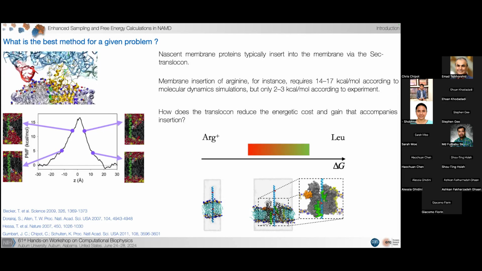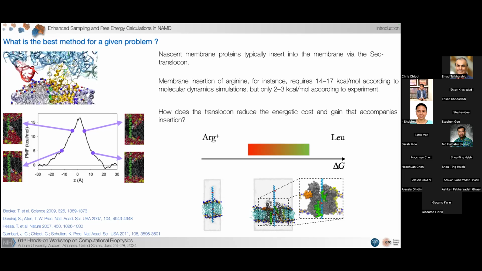If you do that, you get the result of Toby Allen, nothing more. It still doesn't explain why by experiments you measure 2 to 3 kcal per mole, why it's so cheap, where you have this compression of the so-called hydrophobicity scale.